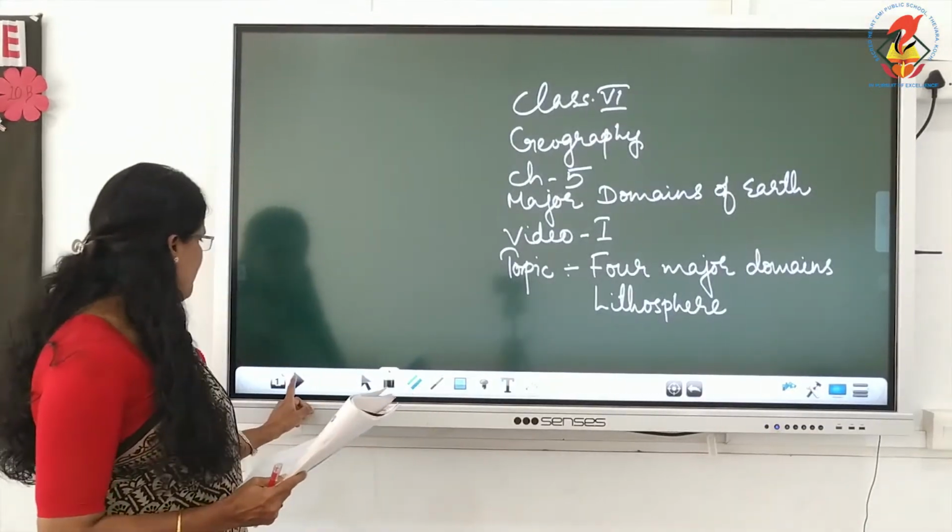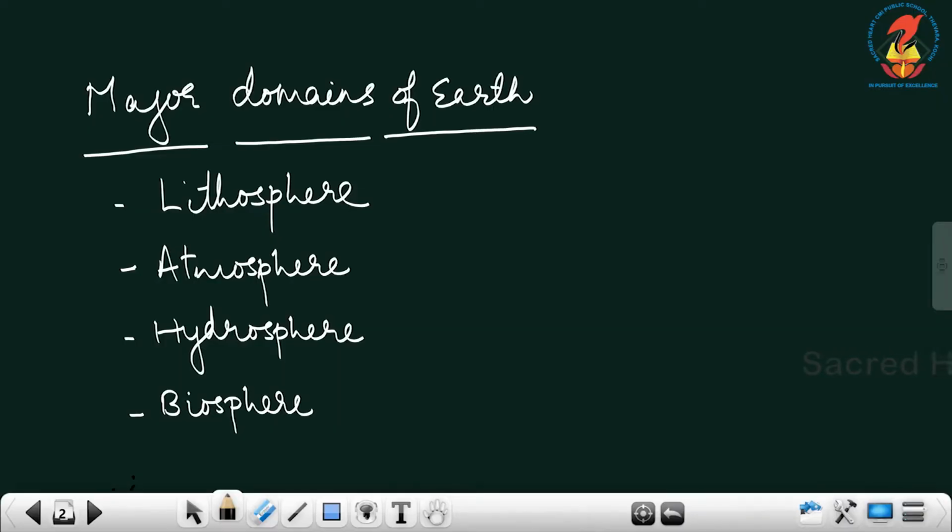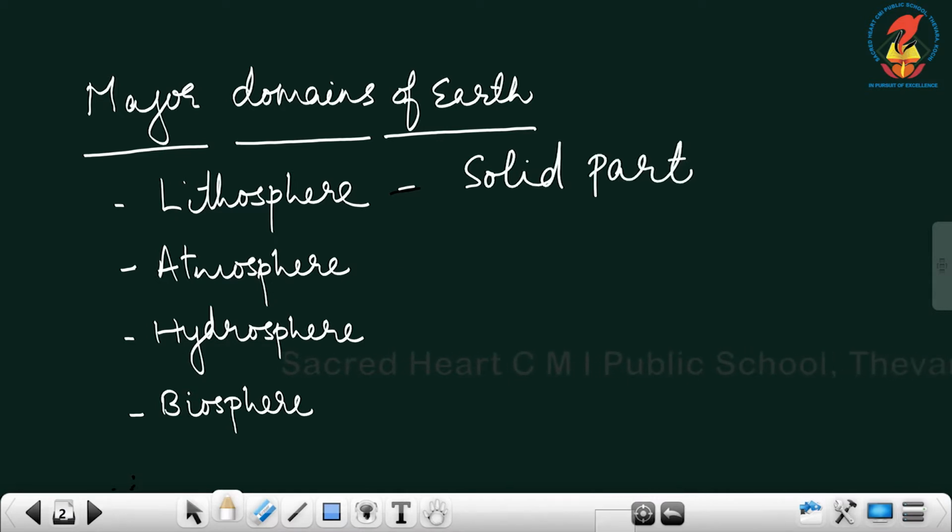So let us see the 4 major domains of the earth. First one, lithosphere, it is the solid part of the earth. Now atmosphere is the gaseous part.